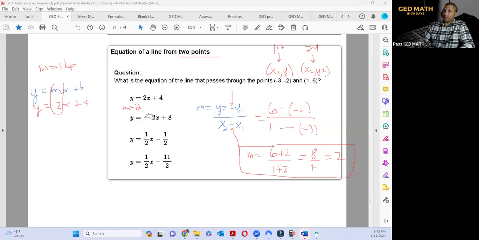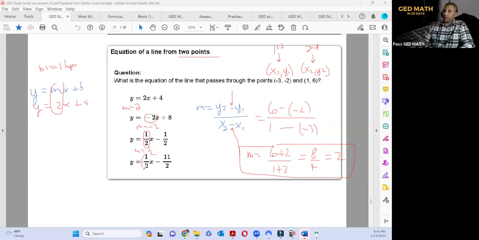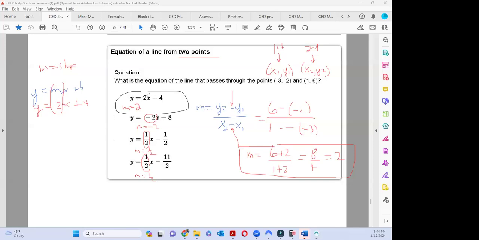If I go to my second one, my slope is -2. If I go to my third one, my slope is 1/2. If I go to my fourth one, my slope is 1/2. But we already know our slope was 2. So the only one that had a slope of 2, done.